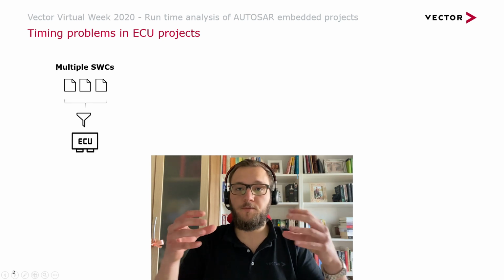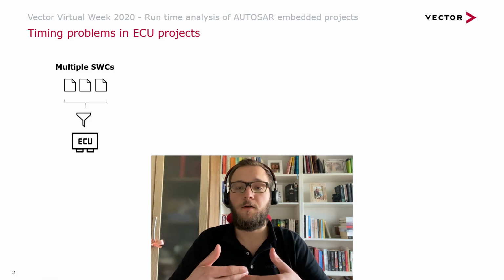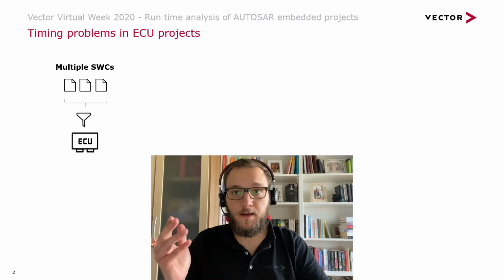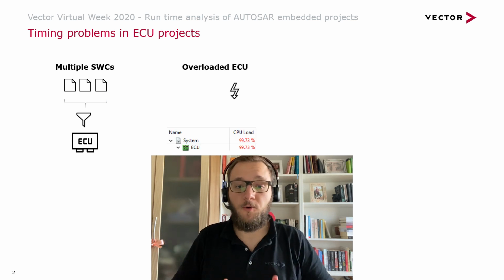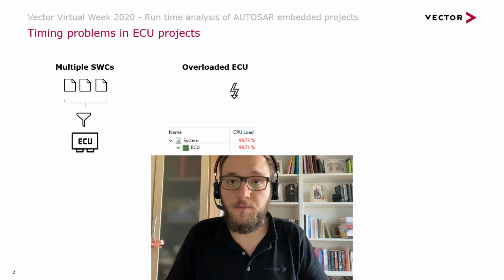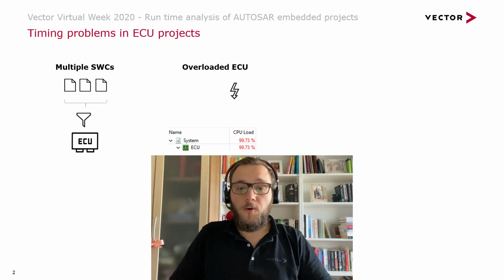What you have in many projects is that you have different software components and they all have to be integrated within one control unit and run on this. Now, frequently, developers realize only at a very late stage in the project that they have runtime problems, which manifest, for example, in that some functional tests fail, or in that the runtime in the control unit is quite high and you use almost 100% CPU load.